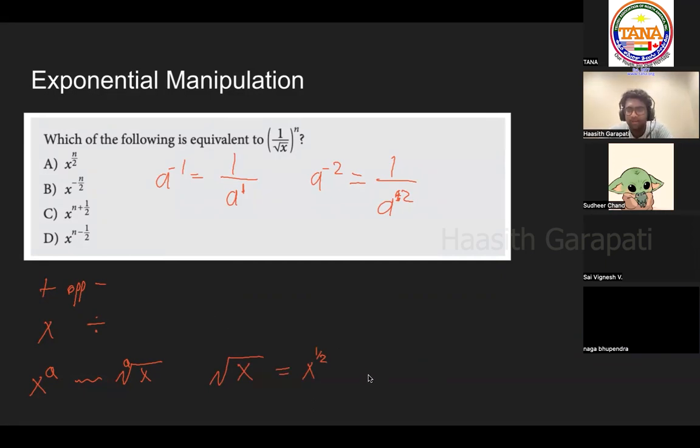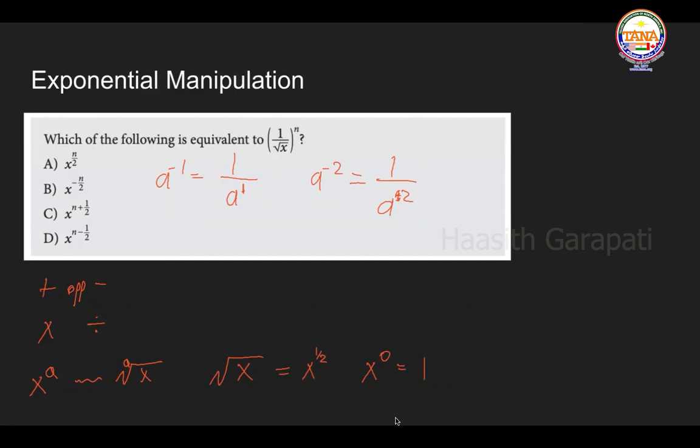Well, here's the rule. If you did x to the power 0, what is that equal to? That's equal to 1. And then you have x to the power of 1, which is just equal to x, right?